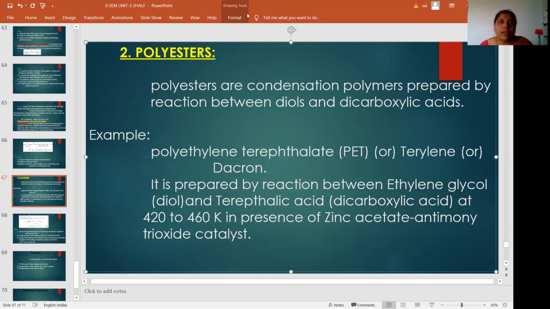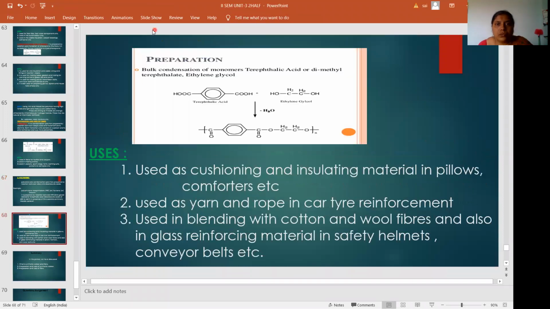So I will show here the ethylene glycol structure and terephthalic acid. Ethylene glycol is nothing but 2 OH groups: this is ethylene, CH2, CH2, this side OH group, this side OH group. And terephthalic acid: benzene ring, COOH, COOH. The COOH groups make it a dicarboxylic acid.